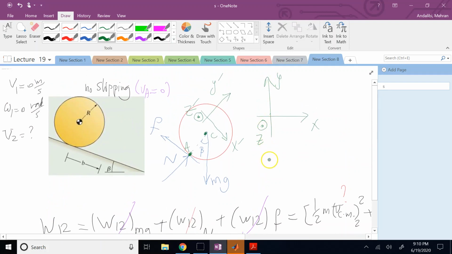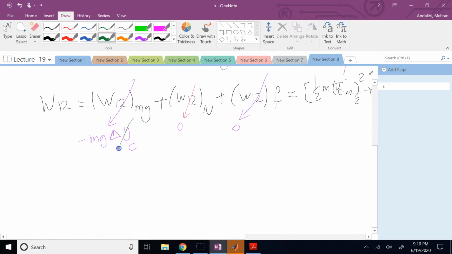So it is this y. When you go down a distance of b with angle beta, you are forming a triangle, and the vertical displacement is b times sine beta, and since you go down, that's negative. So this is negative b times sine beta.